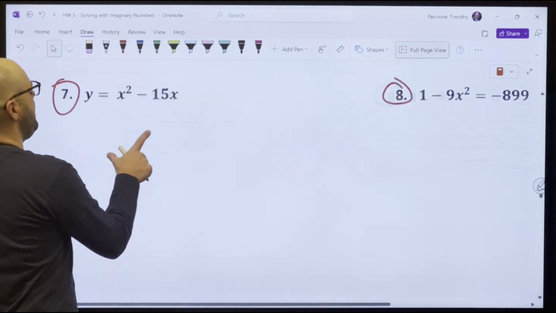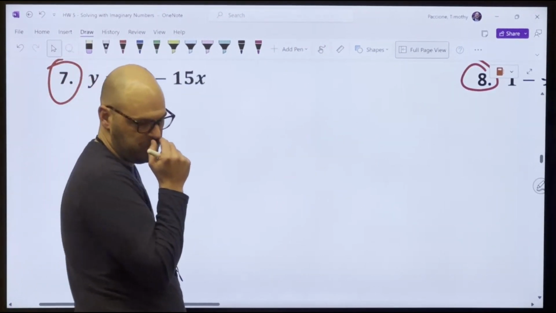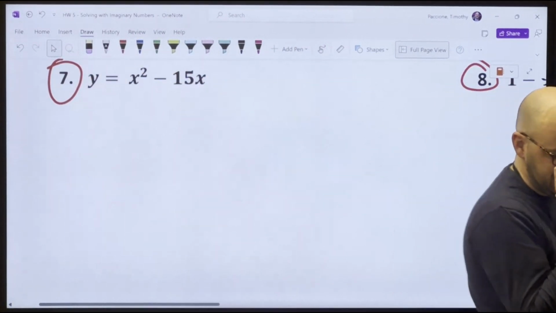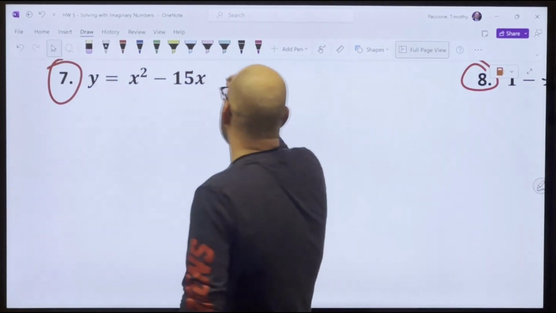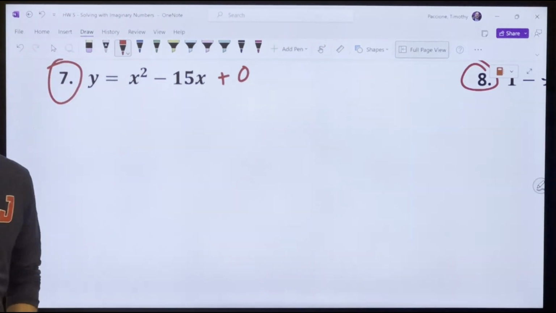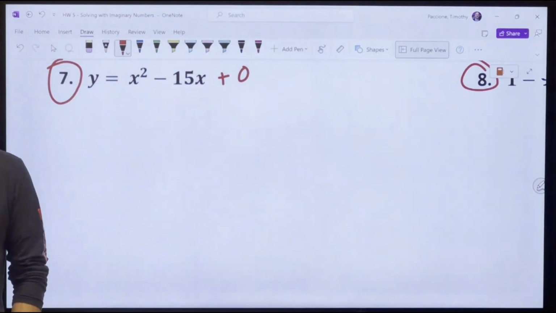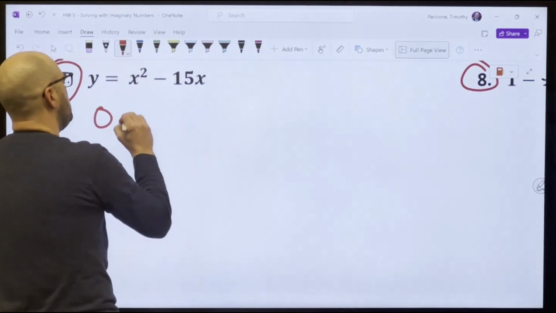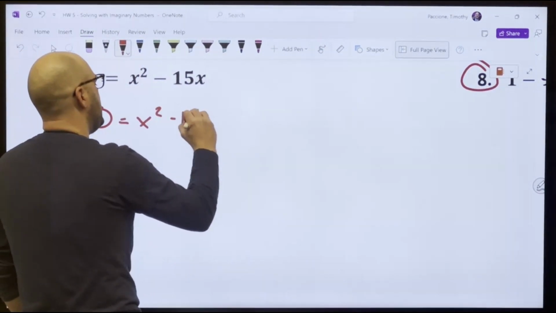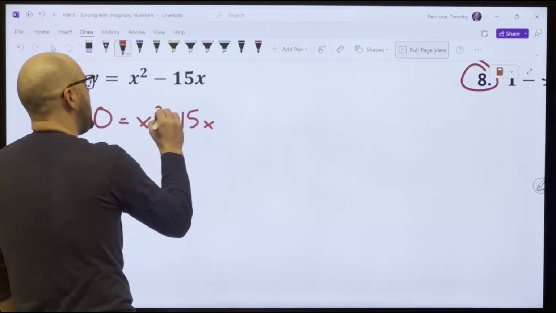Another different one. Okay, this one, what's it missing? C. Two options here. I can add one. I can say plus 0 and do a magic x. Or I can recognize there's a quicker way. 0 equals x squared minus 15x.